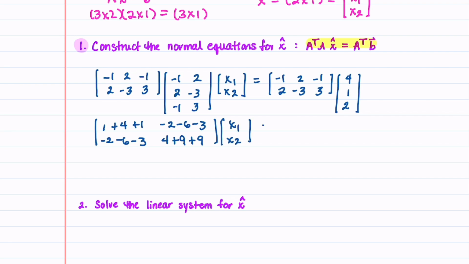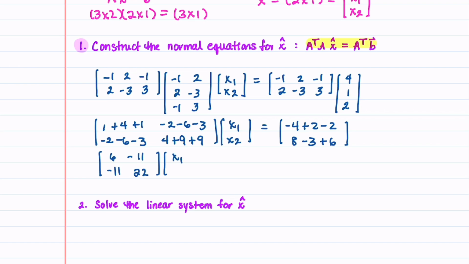And then we can multiply our matrix and our vector on the right. Our first entry is going to be a minus 4 plus 2 minus 2. And then our second component is going to be 8 minus 3 plus 6. On the left, we're going to get a 6, a minus 11, another minus 11, and then a 22. And we have our x1, x2.